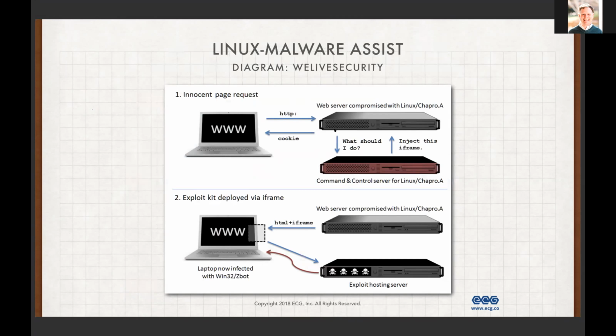This web server is just an ordinary Linux machine with this exploit installed. It's connecting to the CNC server, and then the CNC server sends back instructions. In this particular case, it sends back a cookie, and then later on, the laptop that's running the wrong version of the web browser downloads a web page from perhaps even the same server, but inside that web page there are instructions to connect directly to the exploit hosting server, which is a different command and control server.